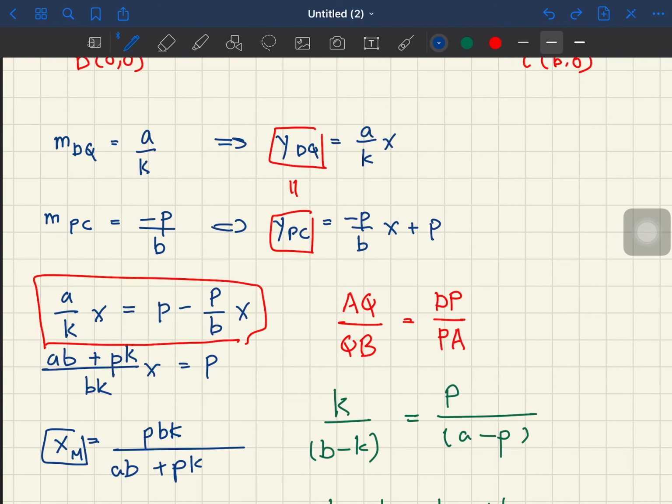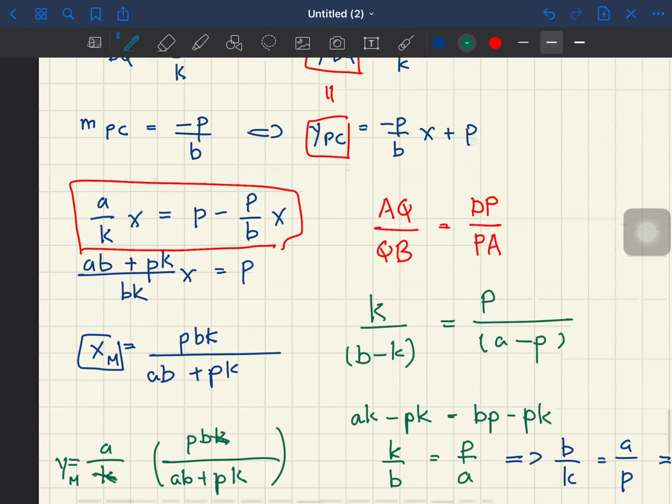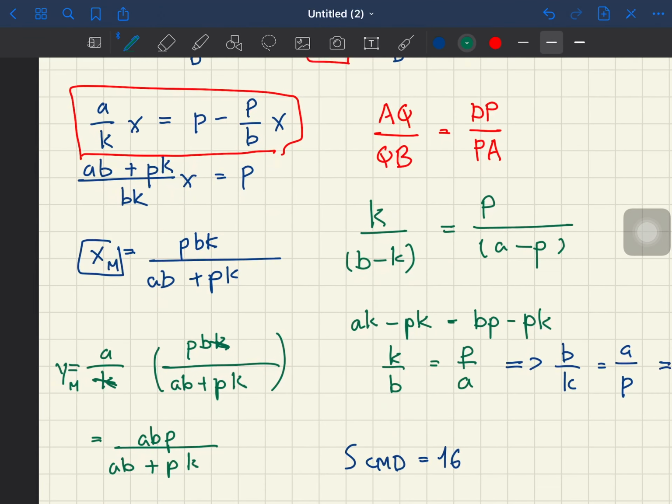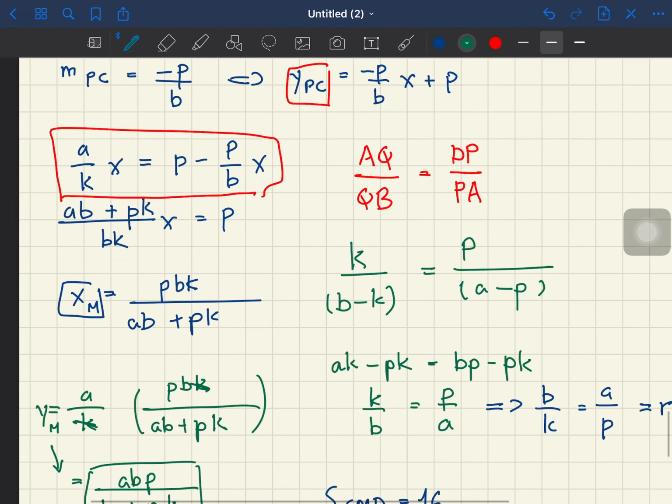Using y of DQ, you will eventually get a over k times this entire thing, and then you can cross out the k, and you will get abp over (ab + pk). So you have x of M and then y of M, and later you will use them.